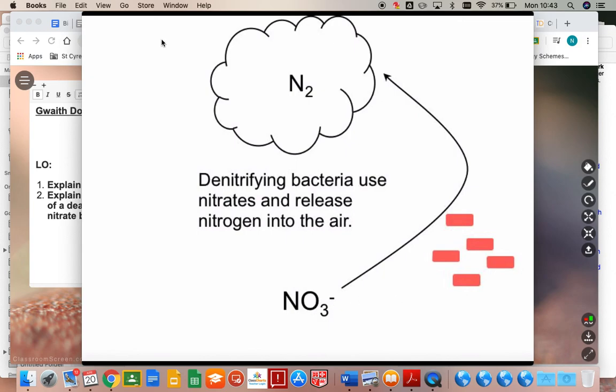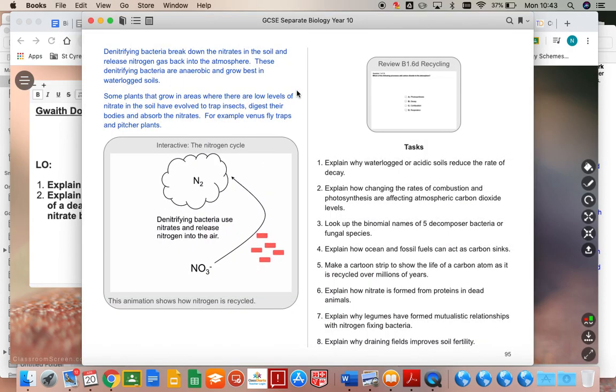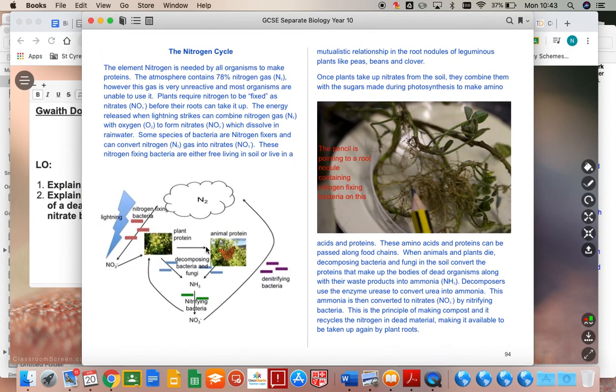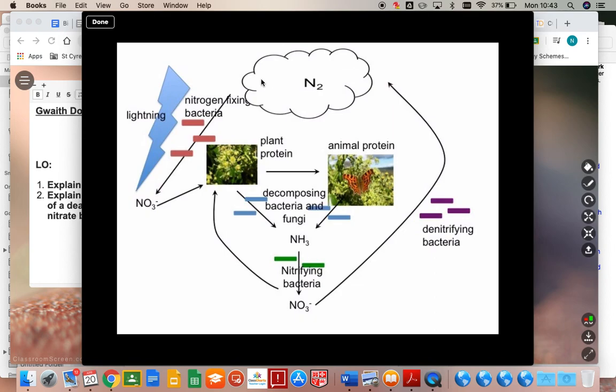Right, so what I want you to do is make a diagram like this. Here we can see the nitrogen-fixing bacteria. I've got lightning on here as well, just to show you this is something else that can turn nitrogen gas into nitrates, and it gives an idea of the incredible enzymes these bacteria have, to be able to mimic the amount of energy that's going into lightning.